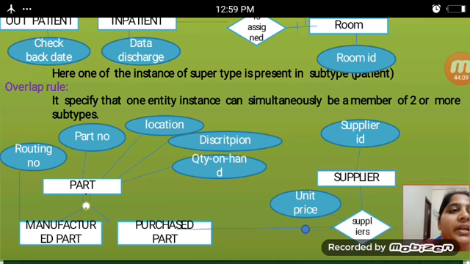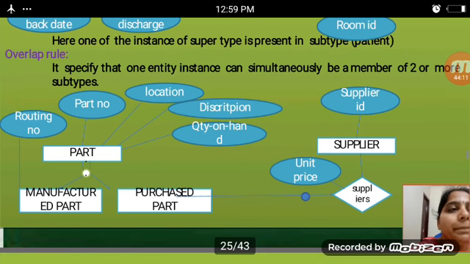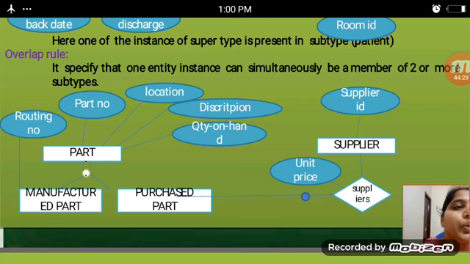Here, a part has two subtypes, manufactured part and purchased part. Part has part number, location, description, and quantity on hand. Each is associated with a supplier and unit price, and a supplier has a supplier ID.